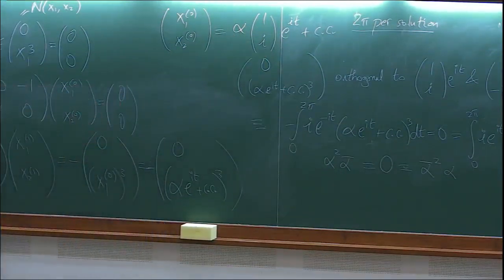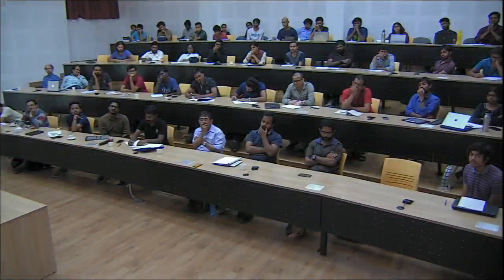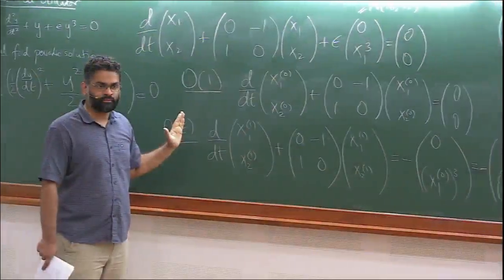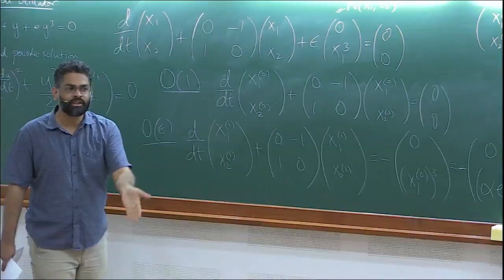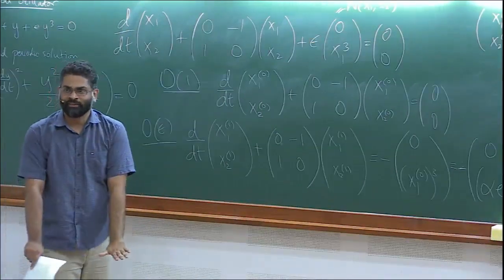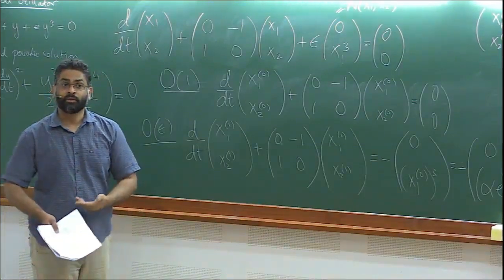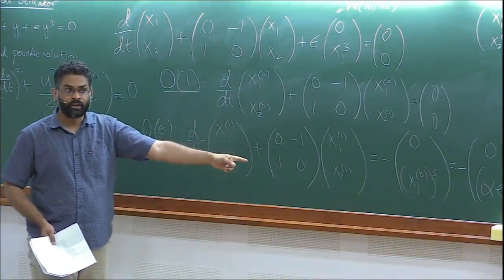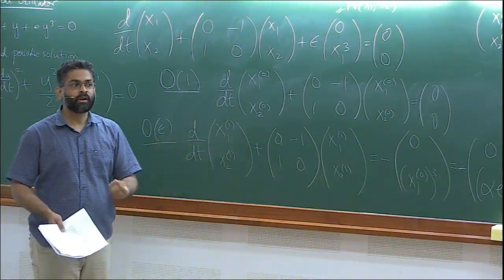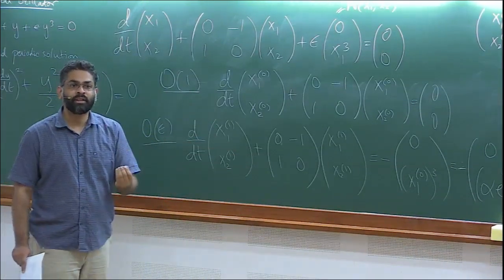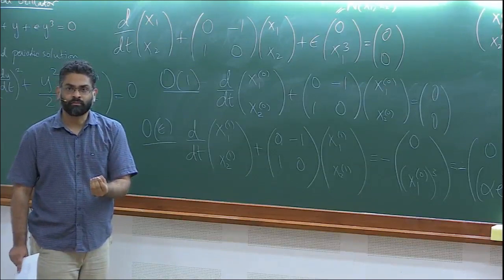The problem, as I said, is that when you plug it into the order 1 equation, you get a d alpha dt. So I want the d alpha dt to not be there. I could set d alpha dt to 0, but that brings me back to here. And this is where I realize I should set d alpha dt to be order epsilon.